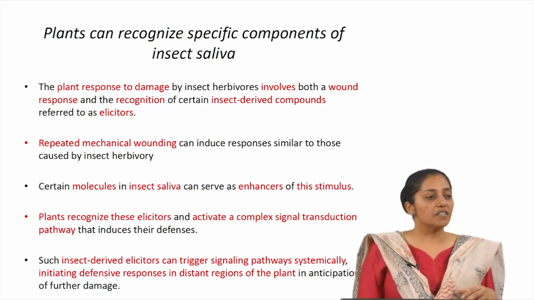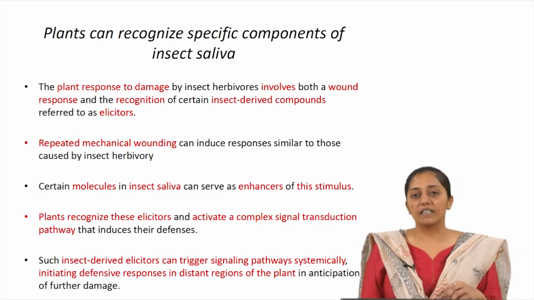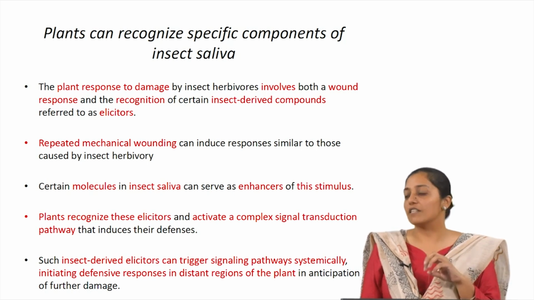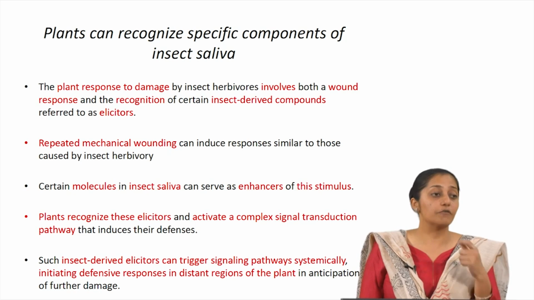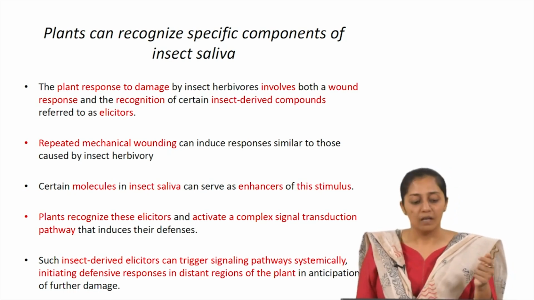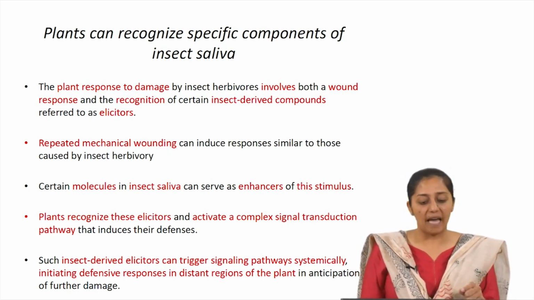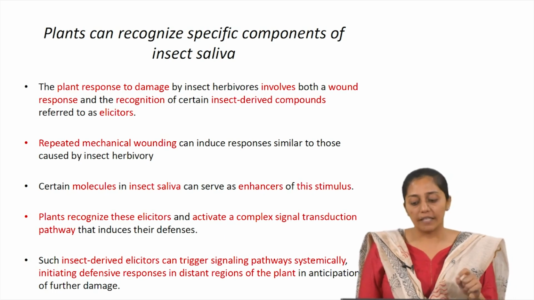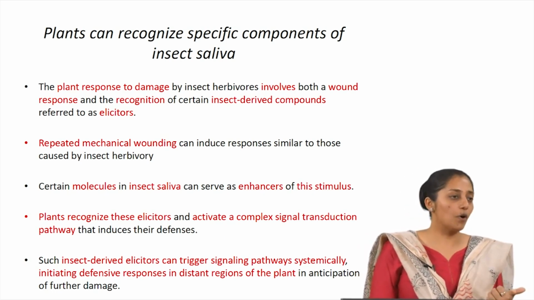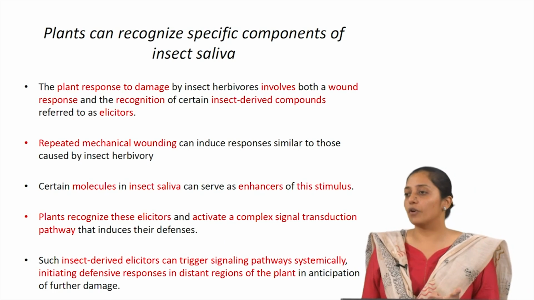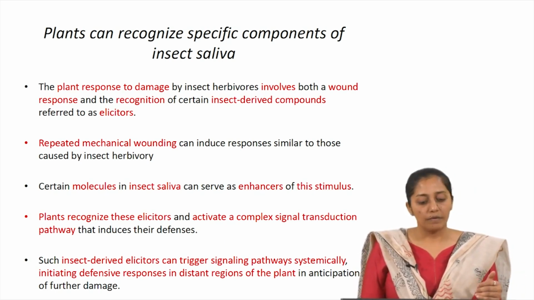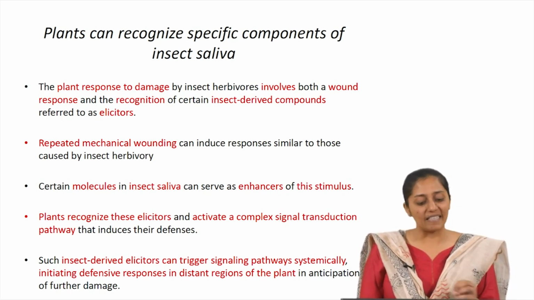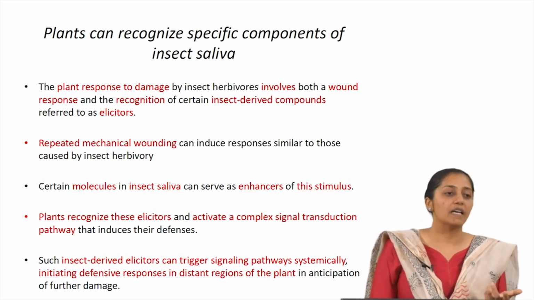Now, how do the plants recognize? In the case of insects, plants recognize specific components of insects, which may also include saliva. So, the plant responds to the damage by insect herbivores. It involves both the wound response and also the response towards insect-bearing components. Now, the recognition of certain insect-derived compounds, which we class as elicitors.